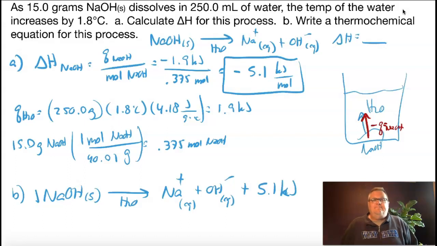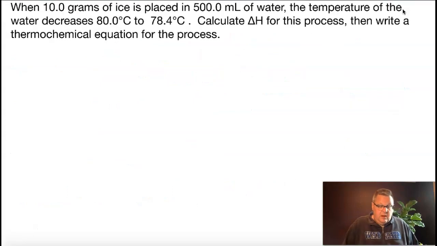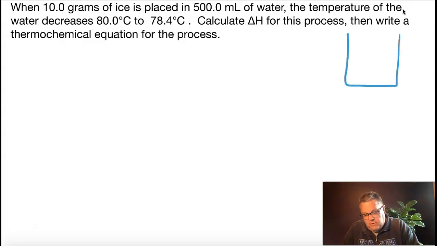All right. I hope you're getting comfortable with this a little bit. Let's try another scenario here. This one is ice melting. What I'm envisioning is a cup with water and an ice cube in it.